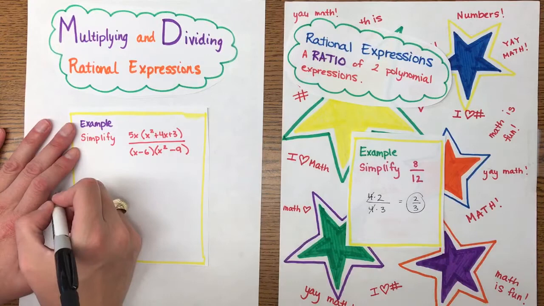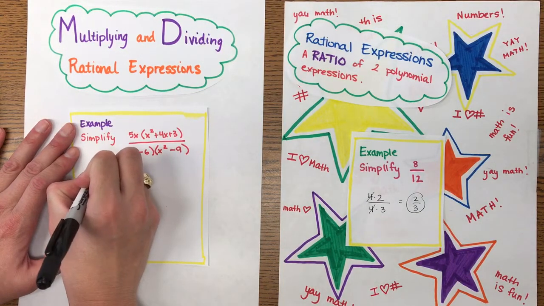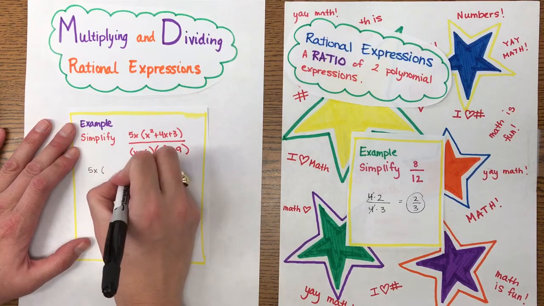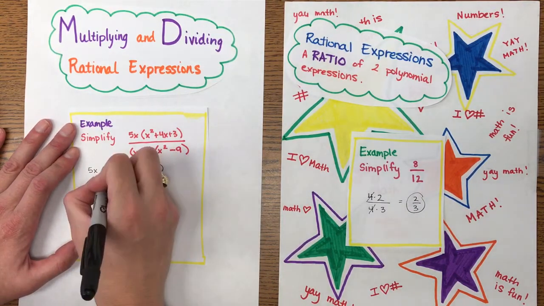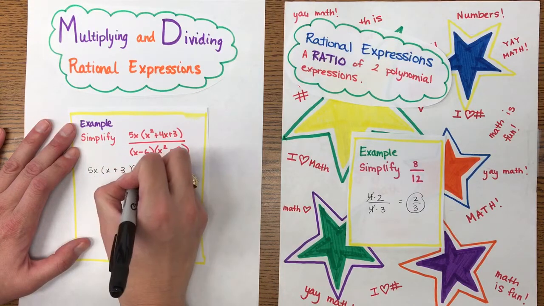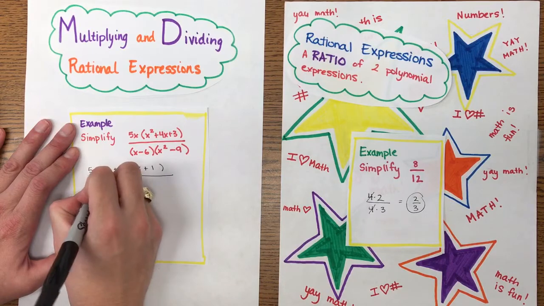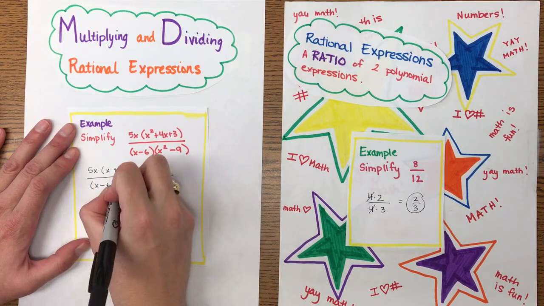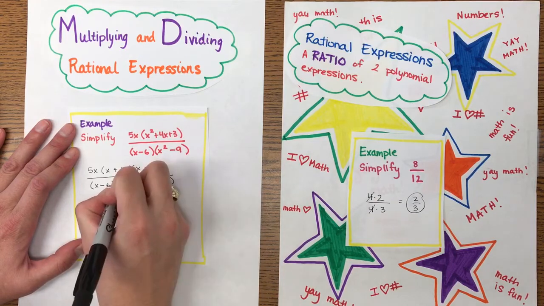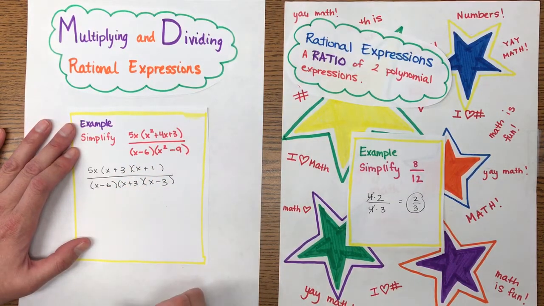So your first step when simplifying is to factor the numerator and the denominator. So x squared plus 4x plus 3 is going to factor to be x plus 3 times x plus 1. And the denominator, x minus 6 doesn't factor, but x squared minus 9 will factor to be x plus 3, x minus 3.